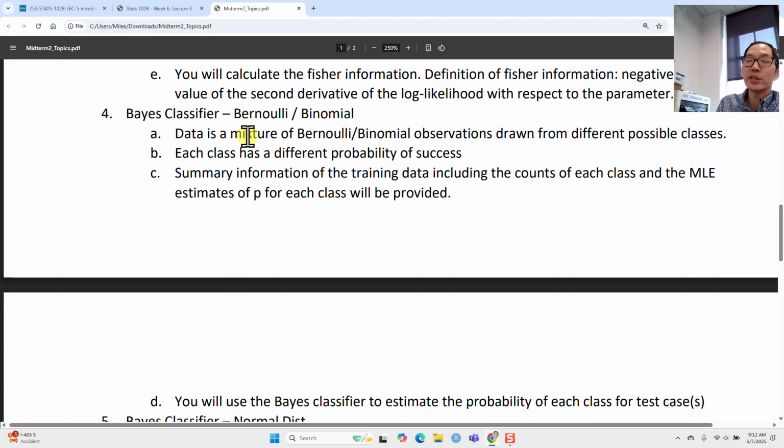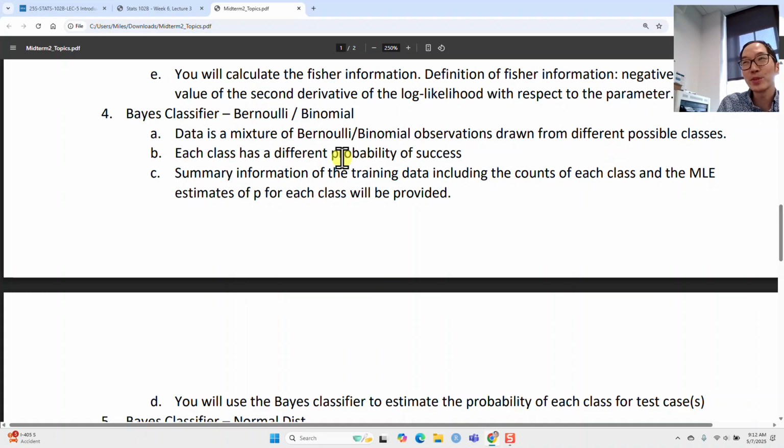And so we'll say the data that you have is a mixture of these Bernoulli or binomial observations drawn from different possible classes. Classes being, in our example, factories, and in the example that you have, if you had a test problem, it'll be something else, but you'll have these different classes. Each class will have a different probability of success.